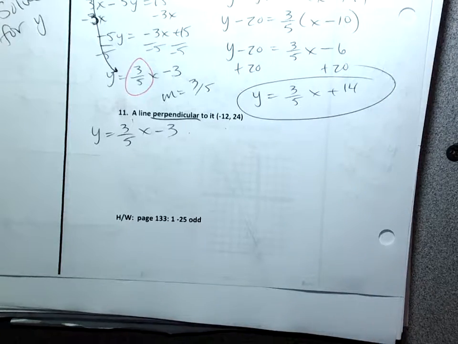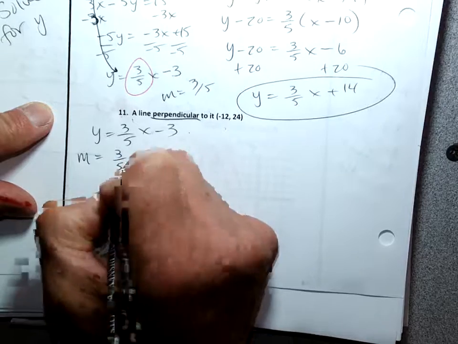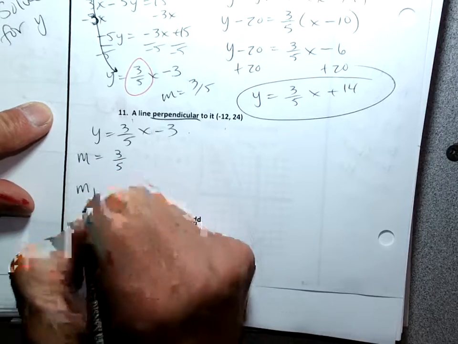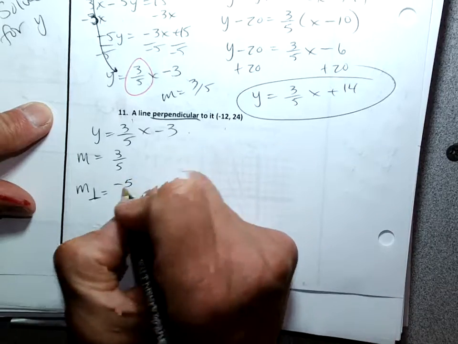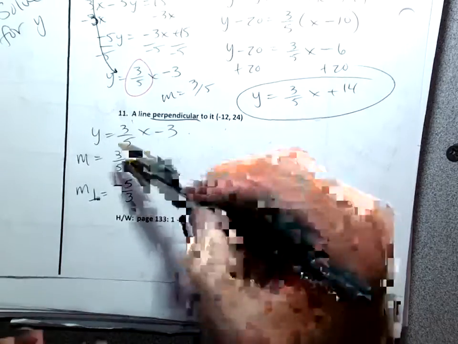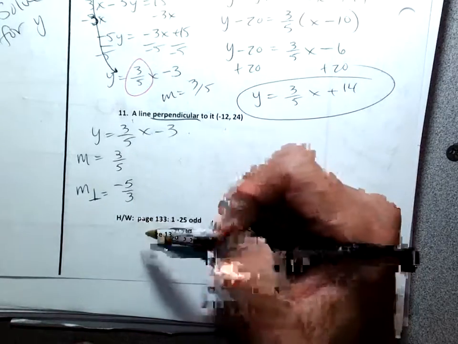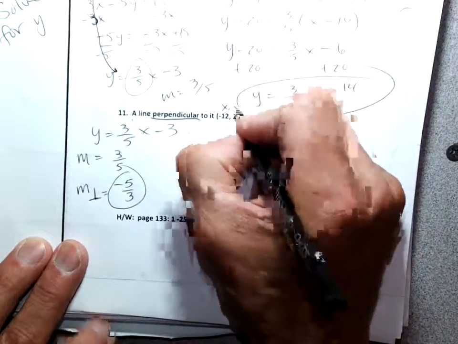So if this slope is 3/5, then the perpendicular slope is negative 5/3, right? It's got to be the opposite. I've made it reciprocal and I made it a negative, okay? So now I'm going to use this slope with this point. Here's my x1, y1.